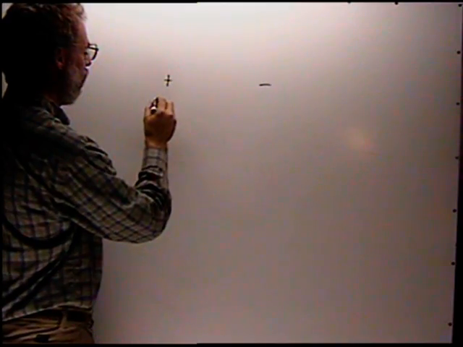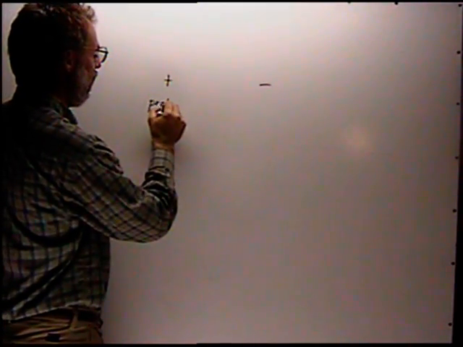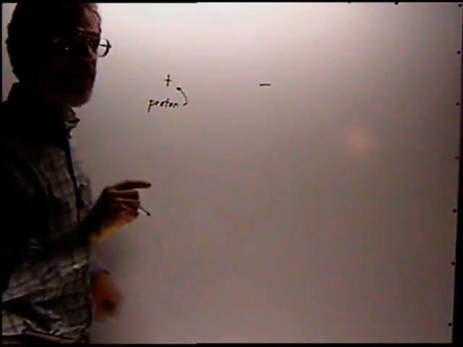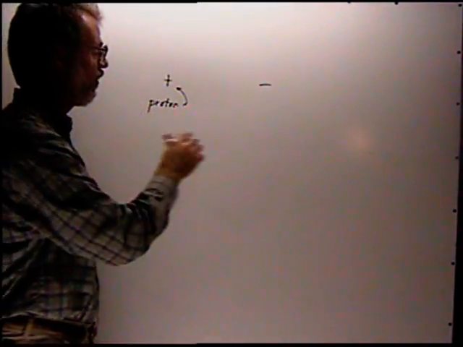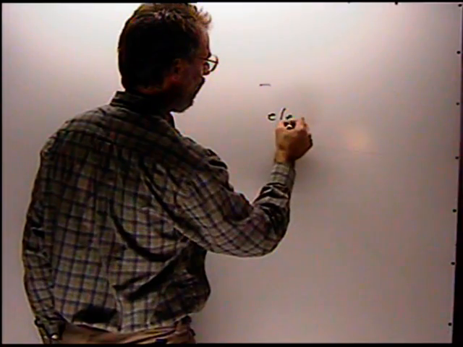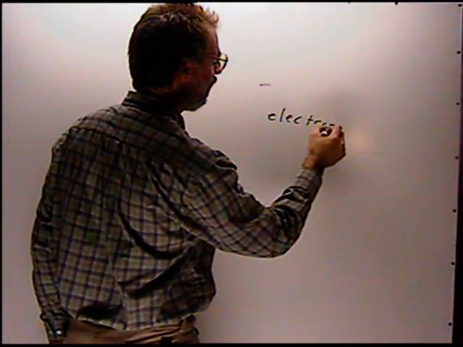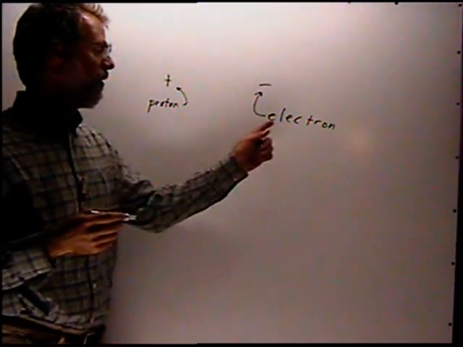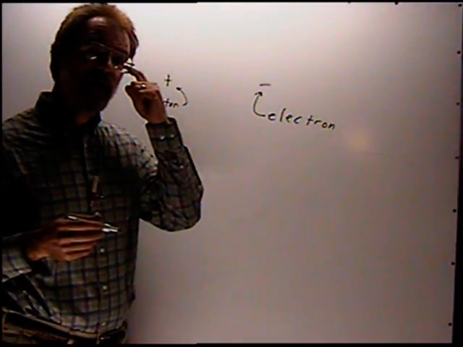And as you know from chemistry, the proton is the subatomic particle that carries a plus charge. The electron is a subatomic particle that carries the minus charge.